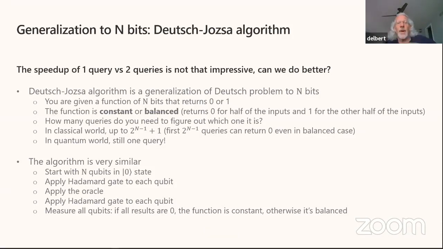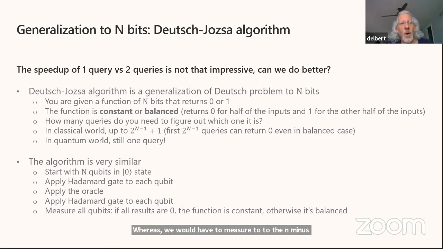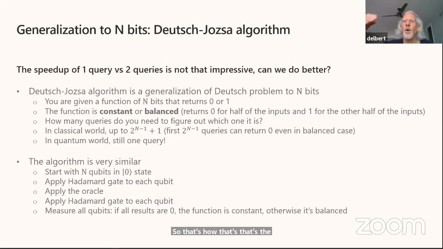Whereas we would have to measure 2 to the n-1 plus 1 times, right? Because the first 2 to the n-1 queries could return 0 even in the balanced case, for example. So that's how you start to see the power of what we can do with quantum computing.